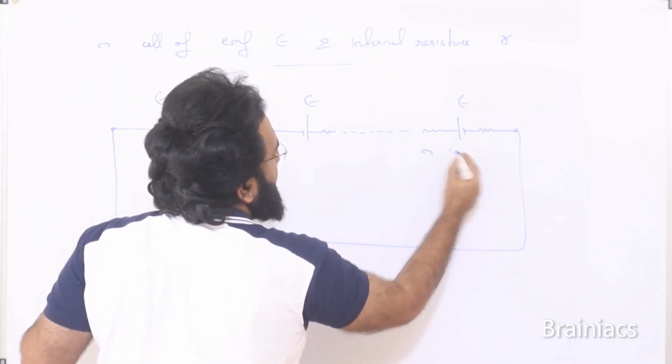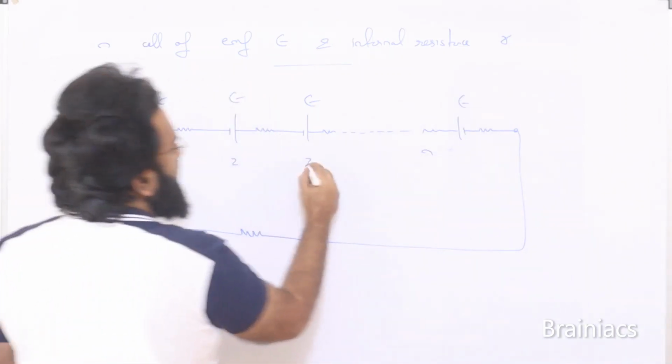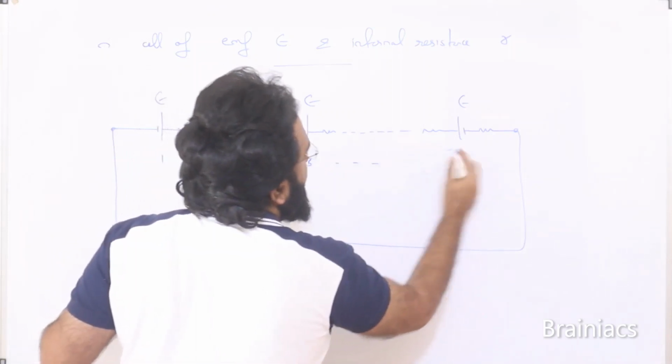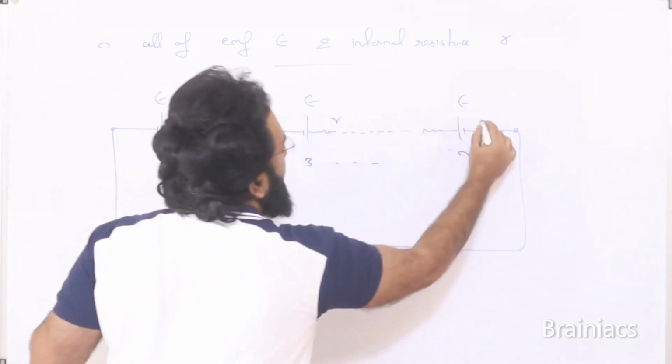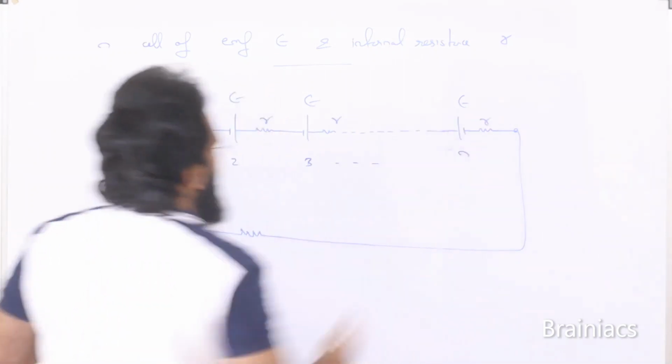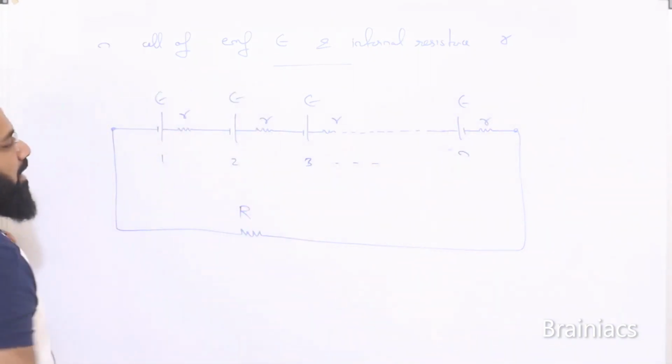Okay, this is nth, first, second, third, up to how many? N. So this is R, again R. Okay, fine. And this is external resistance R.